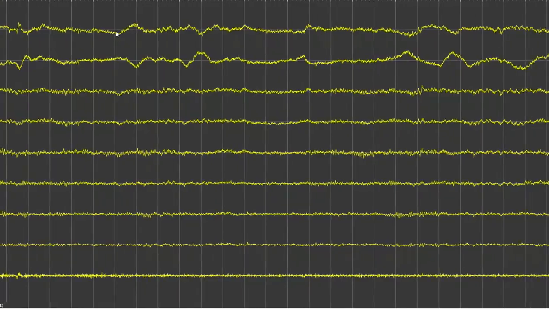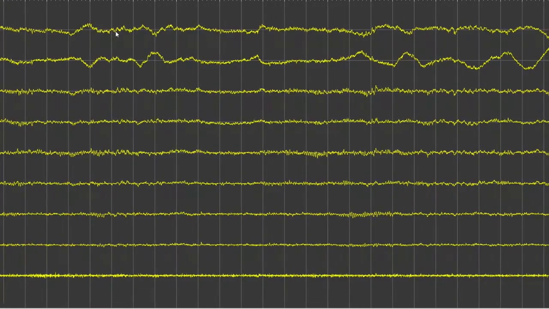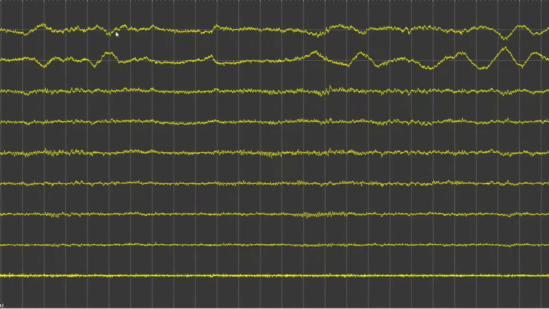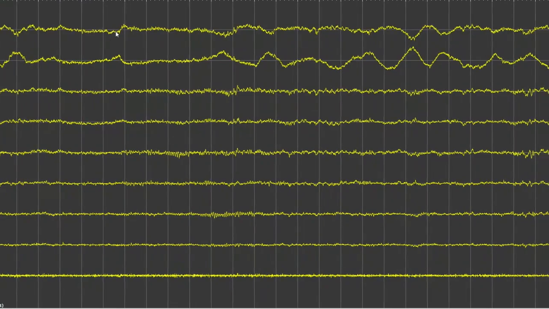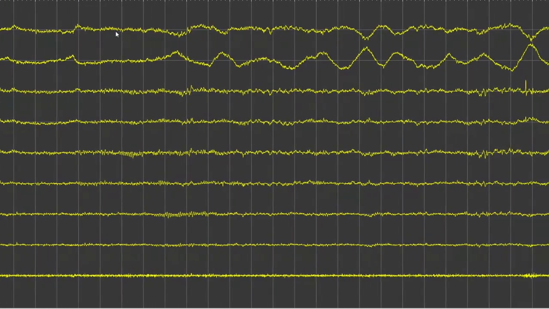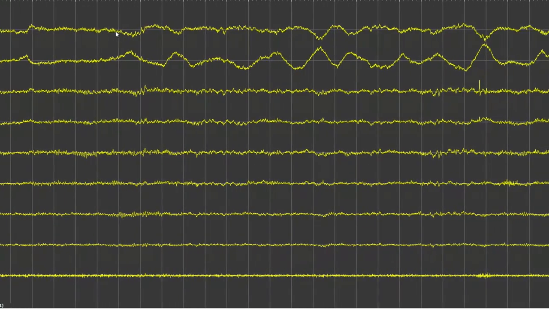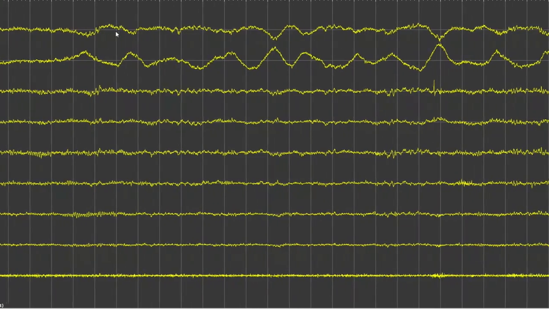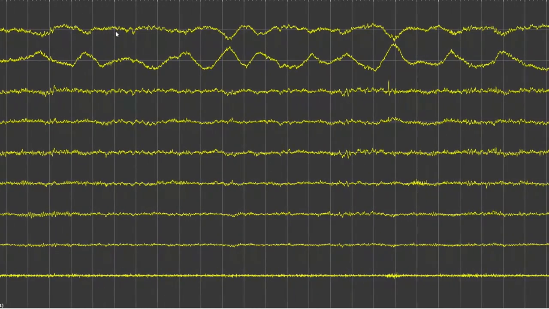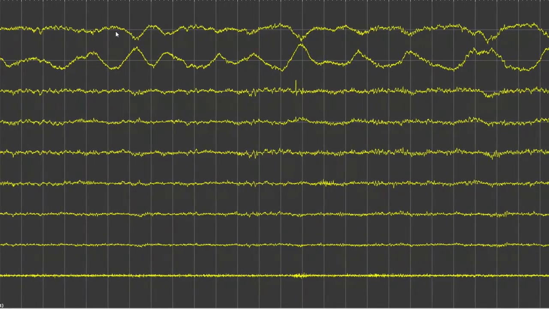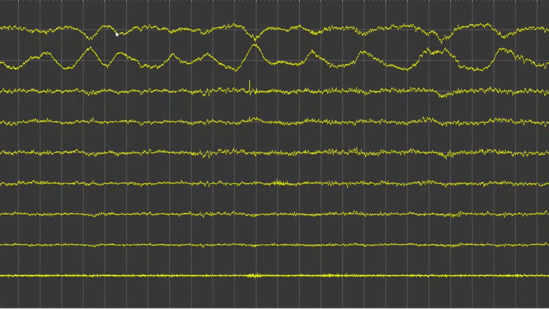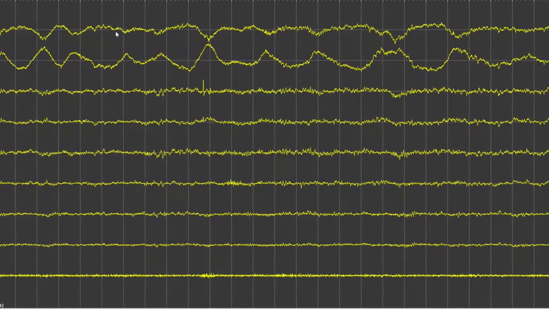And this is what a brain looks like when you're quietly resting. For example, watching TV. As wearers stop moving and begin to close their eyes, voltage fluctuations become less rapid and lower in amplitude. As these examples show, the appearance of an EEG recording can vary depending on what the person is doing or experiencing.